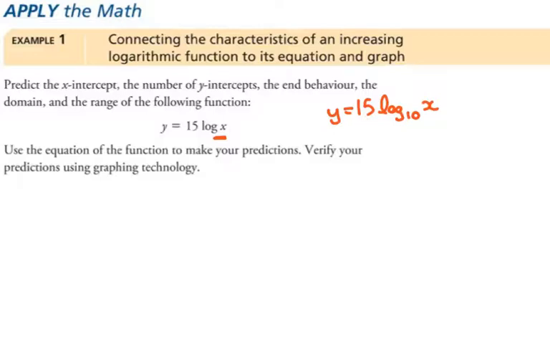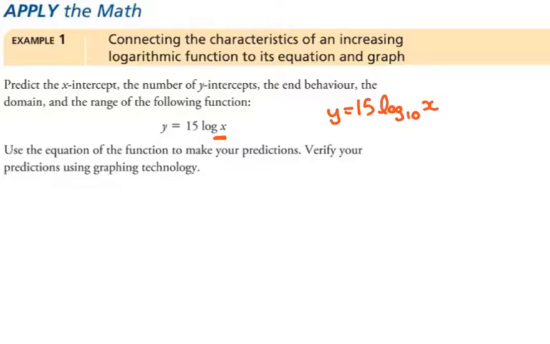That base of 10 is not commonly written, just as you wouldn't write 1x or you wouldn't put a 2 in the notch of a square root. It's just a shorthand because a 10 base log is so common. It's actually called a common log. We can have other bases, and in those cases, those bases would be written down for us, but if it's a base 10, it's omitted.